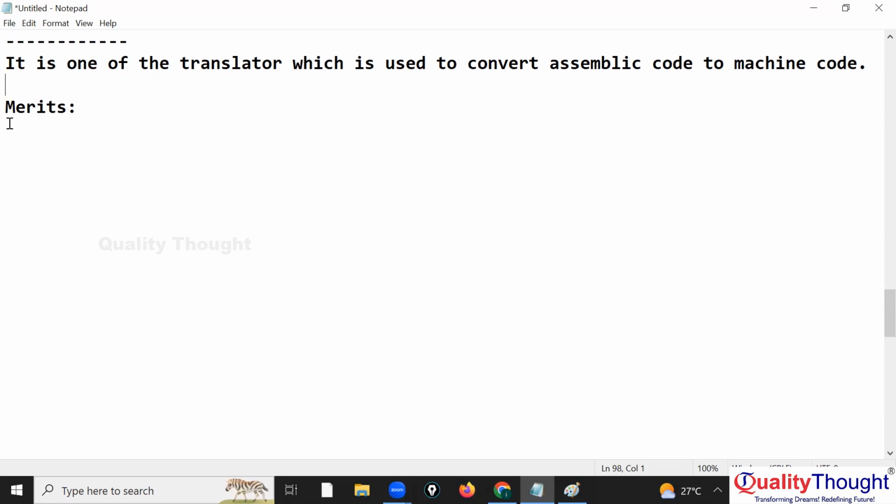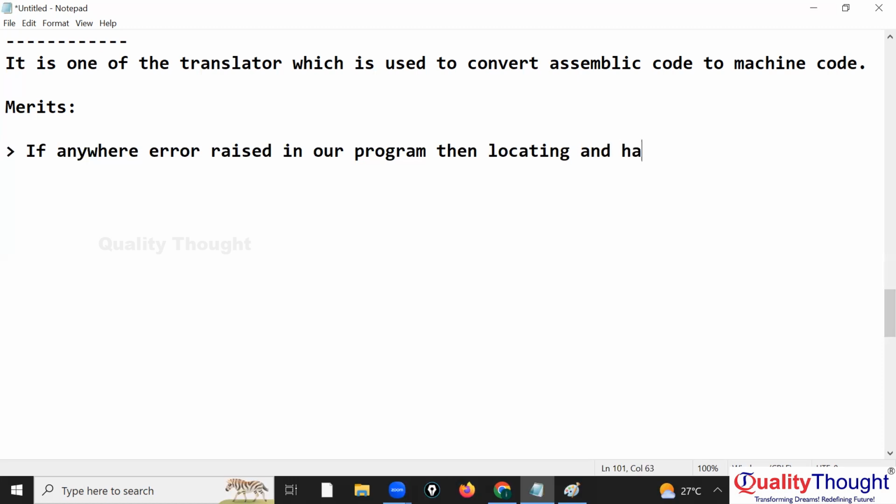So remember, merits means advantages. So what are the advantages? I will give you now. For example, if an error is raised anywhere in our program, locating and handling that error becomes easy. Understood my point here now? So tell me, in machine language, can we handle errors easily?